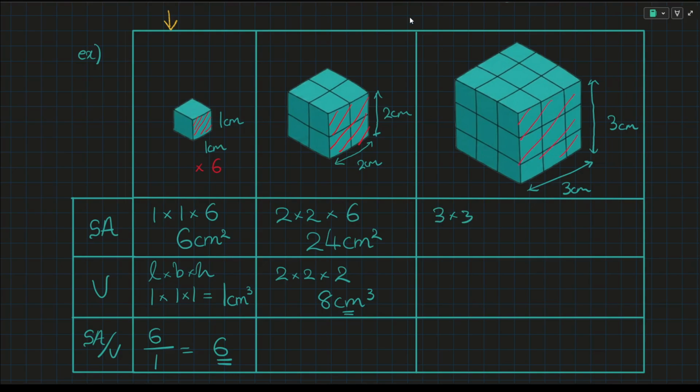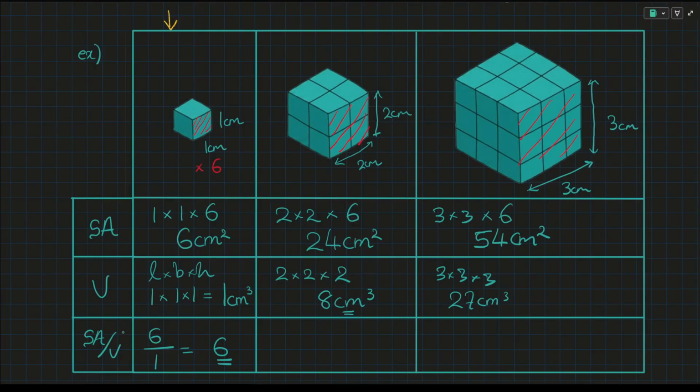And then you multiply by the total number of faces. 6 sides for a cube, a standard cube. That should give you a value of 54 centimeters squared for the area. With the same approach, if we are going for the volume, 3 times 3 times 3. 3 times 3 is 9. 9 times 3 is 27.